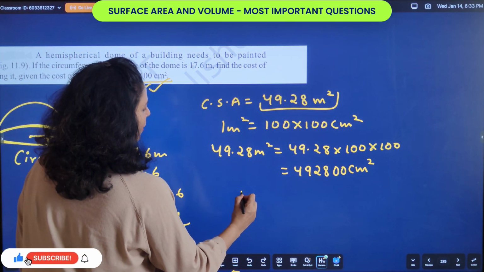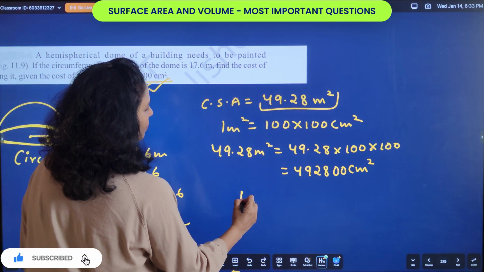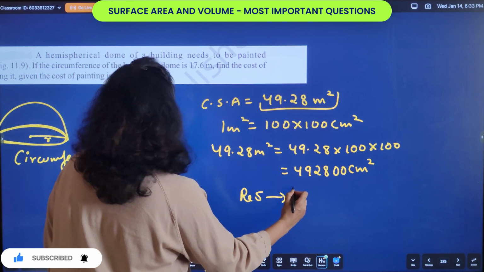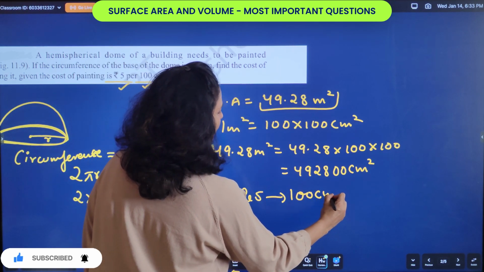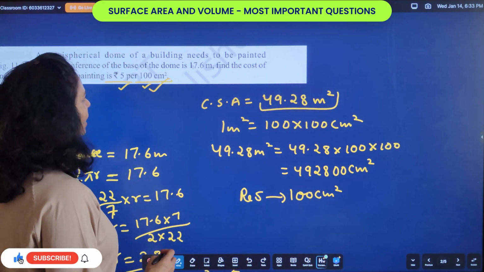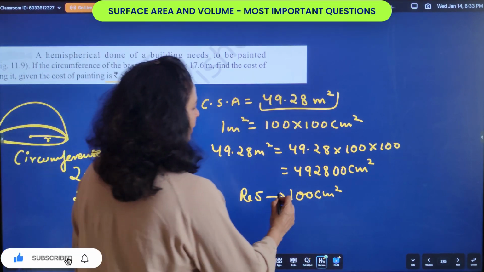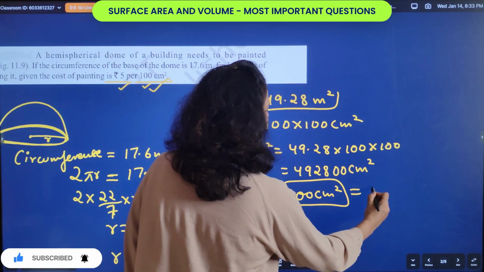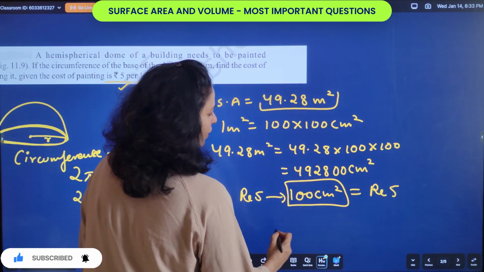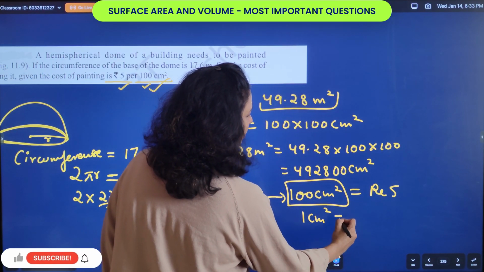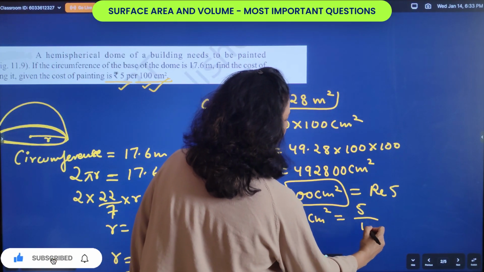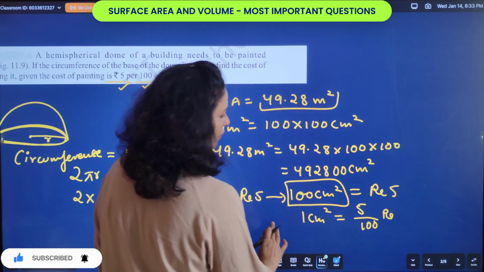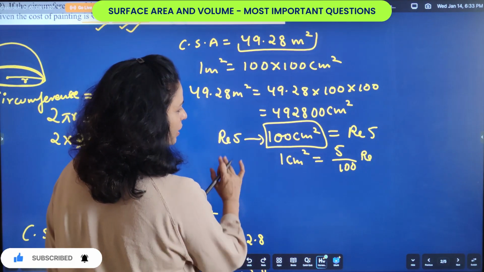So they are asking you the cost, right? So for 100 centimeter square, rupees 5 is the cost. So for 1 centimeter square will be 5 by 100 rupees. It will be less only for 1 centimeter square, right?